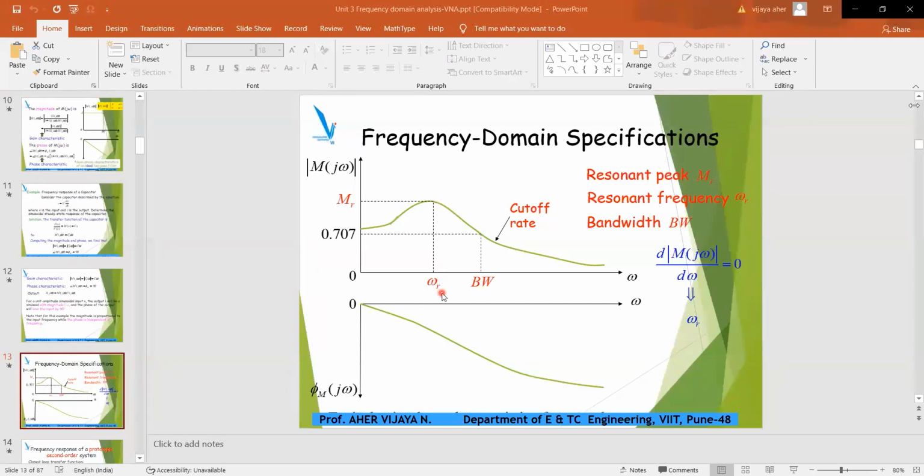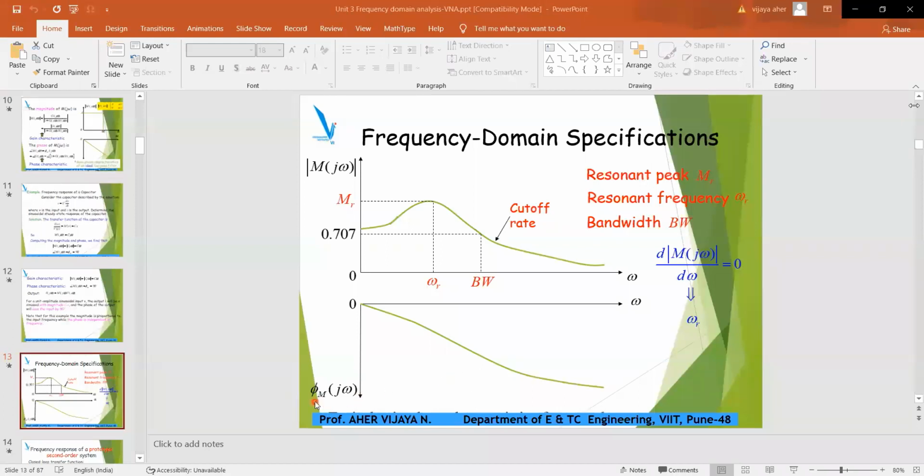What is the resonant frequency? That is omega r. Now coming to the next specification in frequency domain analysis, bandwidth. This much is your bandwidth, and you are going to find bandwidth at omega equal to the resonant frequency. We will see all the derivations one by one in the next slide. Second is your phase plot.